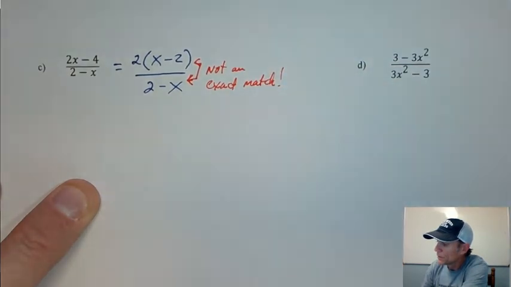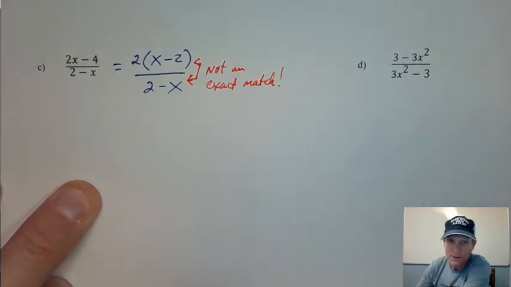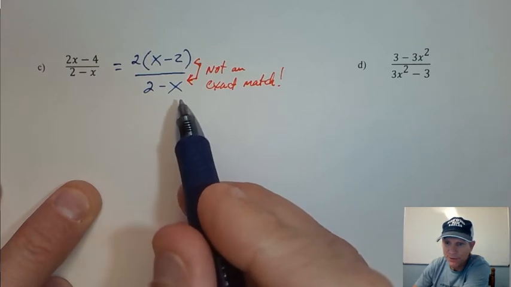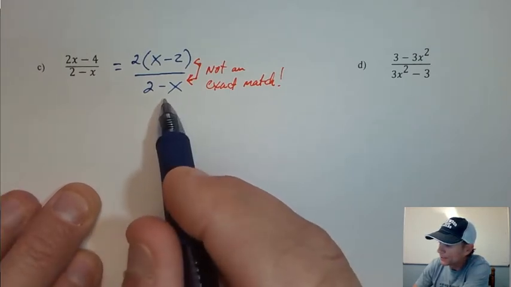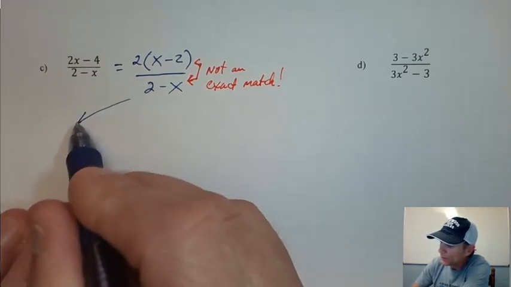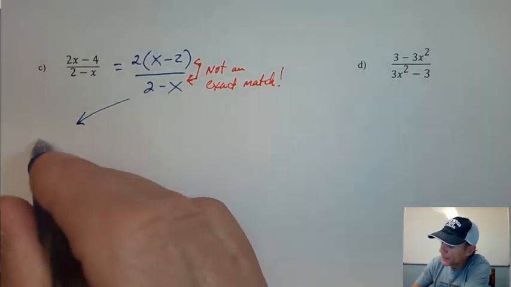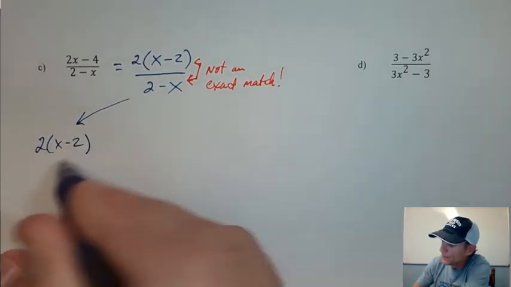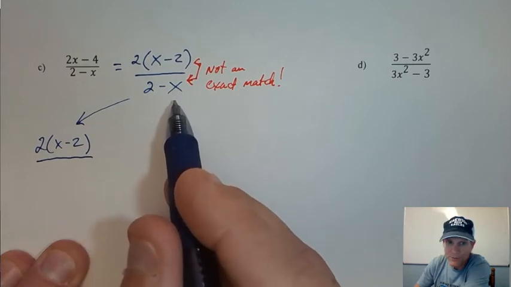I'm going to show you the math one time on this, or maybe a couple of times. What I'm going to do is change the order of this denominator. I've got my numerator, and I'm going to change the order of the denominator.